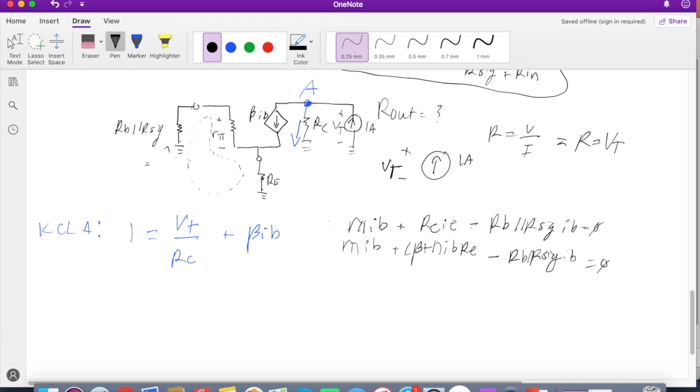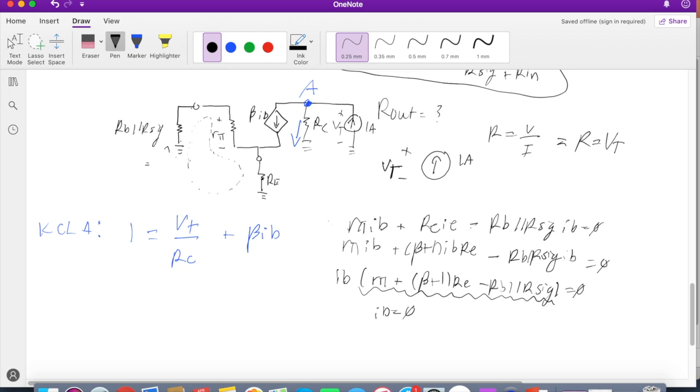Once we factor out IB, we can divide everything inside that bracket and find a function of IB, which IB is clearly equal to 0. This is what our function would look like.